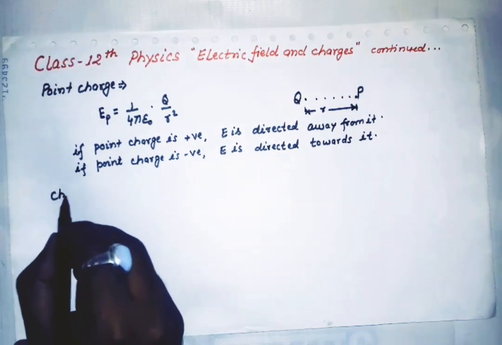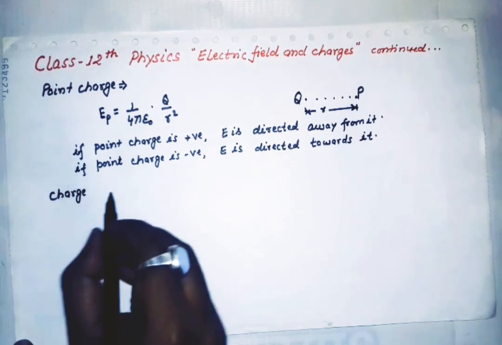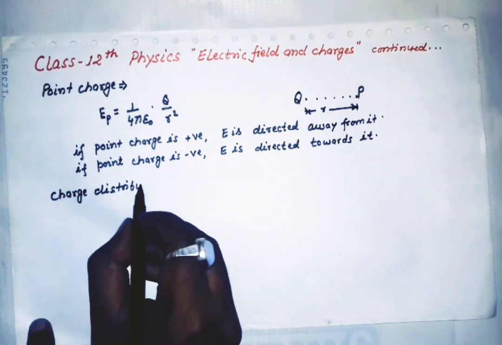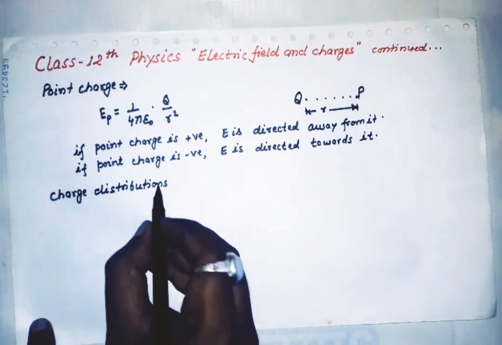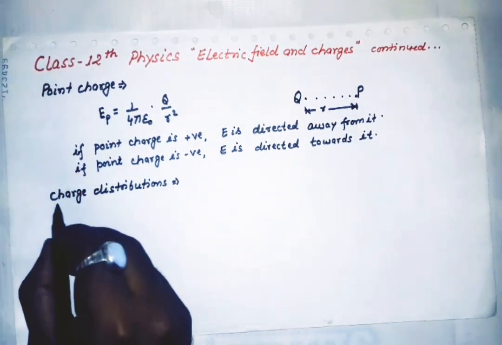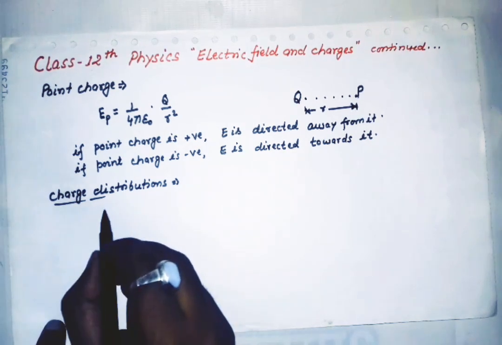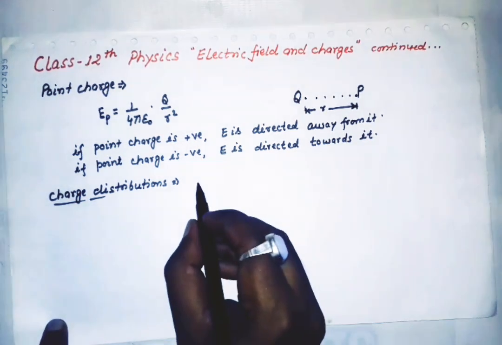Now we will discuss about the charge distribution. That's all about how the charge is distributed over a surface or any region or any space. So charge can be distributed in two ways.